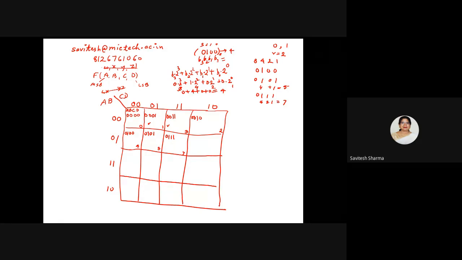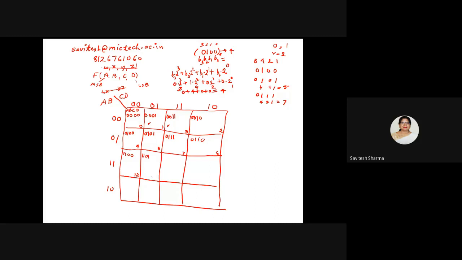Add it only. Just tell me for this. This is 4, this is 2, so 4 plus 2 is 6. So what I am actually doing is binary to decimal conversion. Now tell me, this is 8, this is 4. This is 12. 8 plus 4, 12.